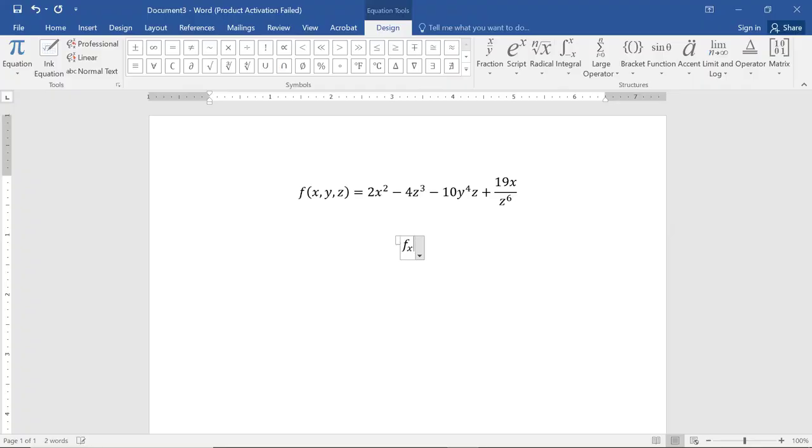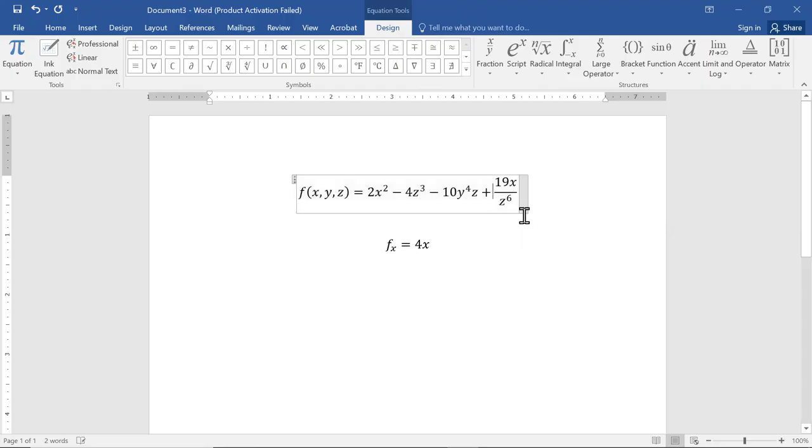All right, so the first partial derivative with respect to x: this term 2x squared, if I take a derivative, I get 4x. With respect to x, 4z to the third is constant. Also, negative 10y to the fourth times z is constant.